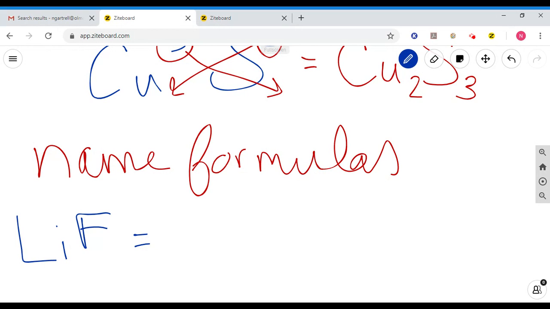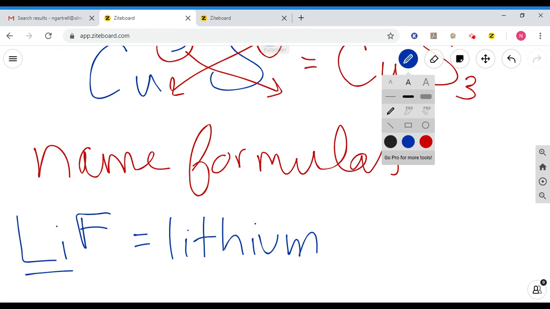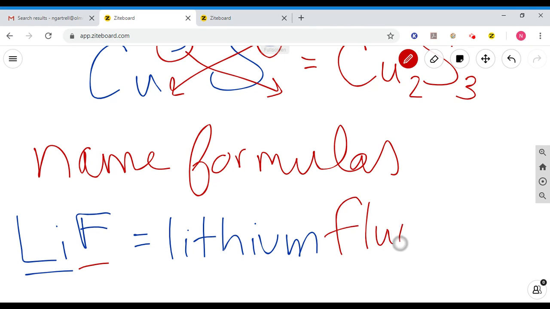Well, this is pretty easy. You name the first one. Li is lithium. And when you name the second one, you have to change the ending: fluorine becomes fluoride. So we only change the ending of the second element, okay?